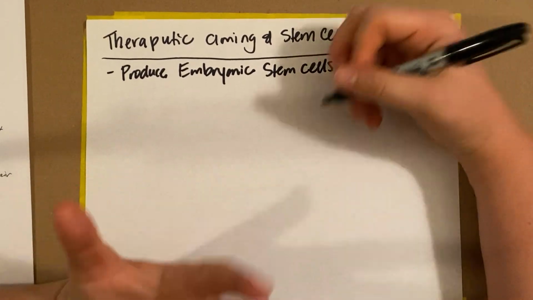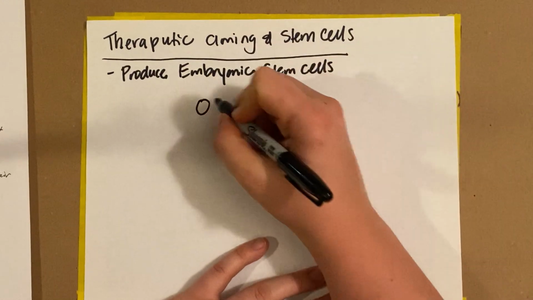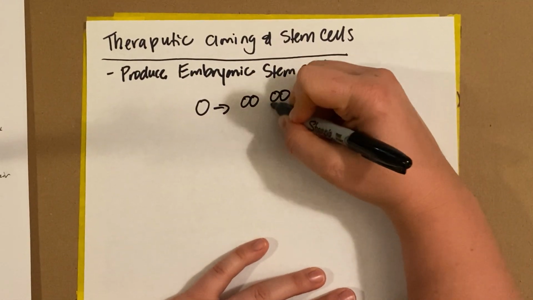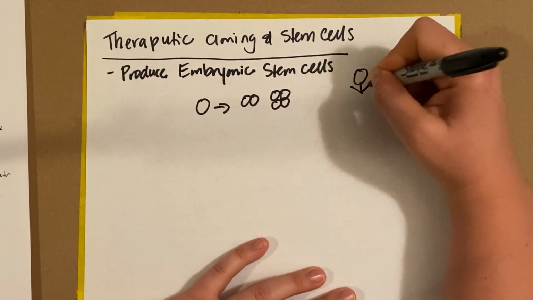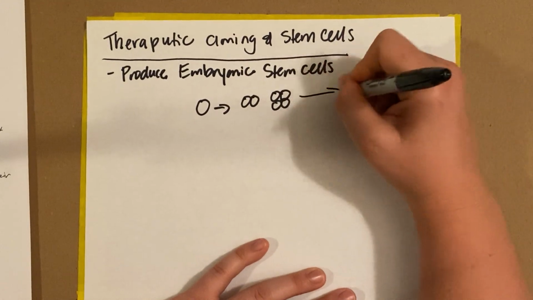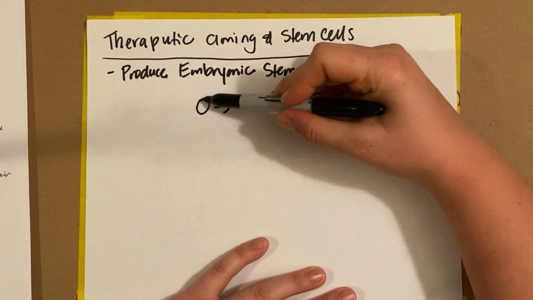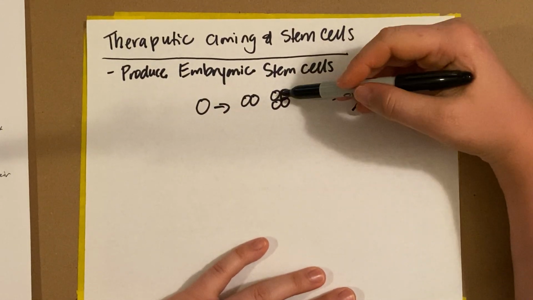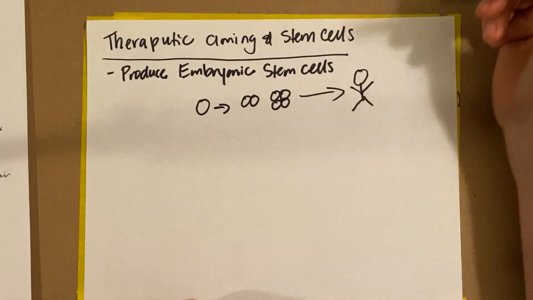Okay, and so I want to take you back to the very beginning of this lecture where I talked about how you have a zygote that ultimately will divide and then continue to divide, so on and so forth, until you get to the full-size person. Okay? What happens is at the very earliest stages of embryonic development, these cells have ultimate potential to turn into every single type of cell.